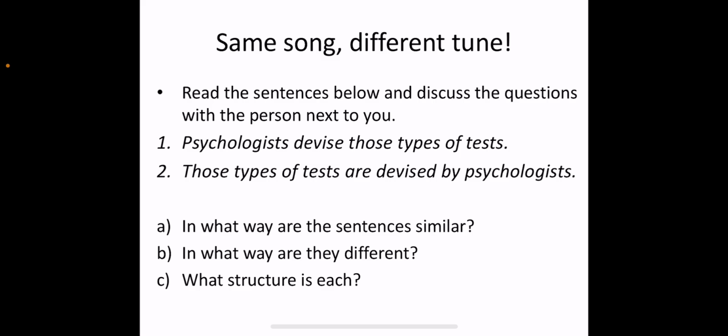Let's do it individually. And if you have questions when we connect, we can discuss them, right? I have two sentences there. Sentence number 1 says, psychologists devise those types of tests, talking about the test in the book. Number 2, those types of tests are devised by psychologists.